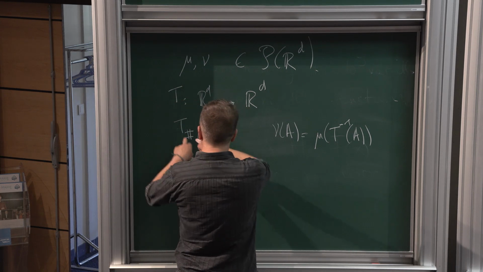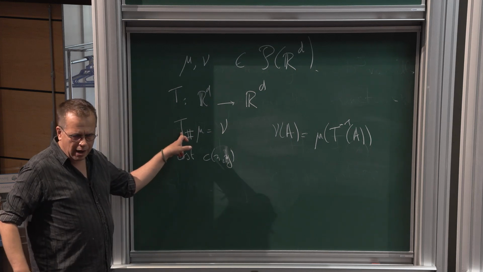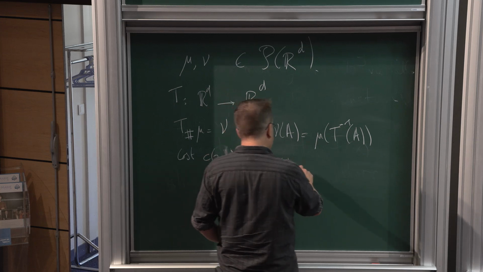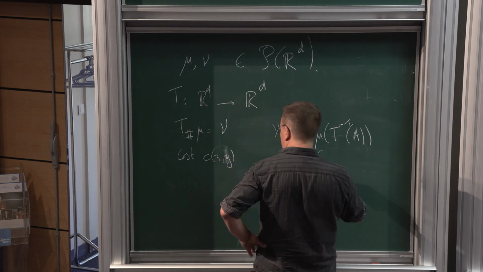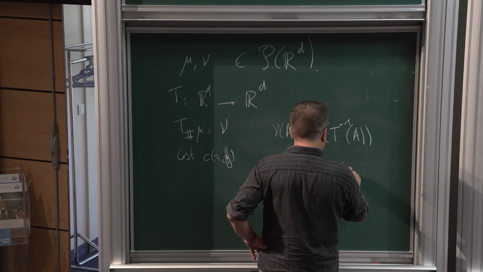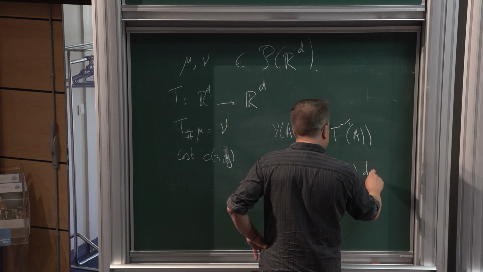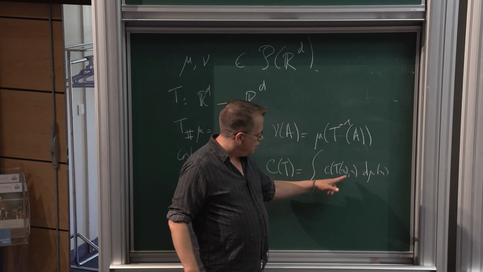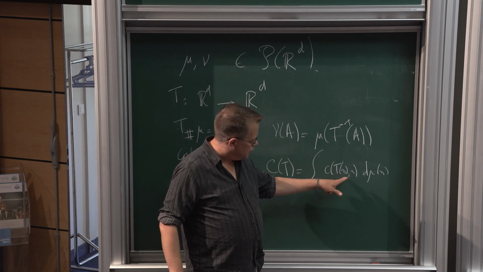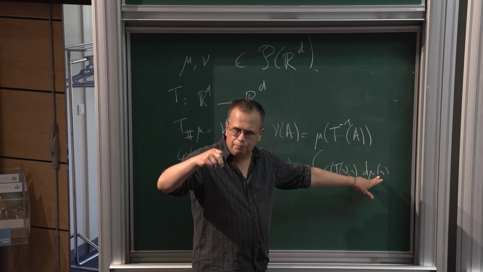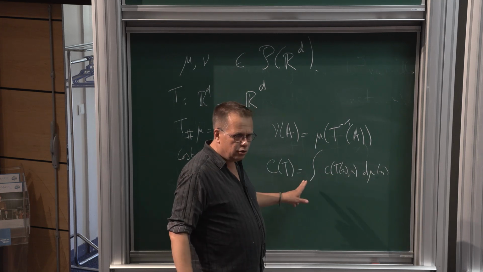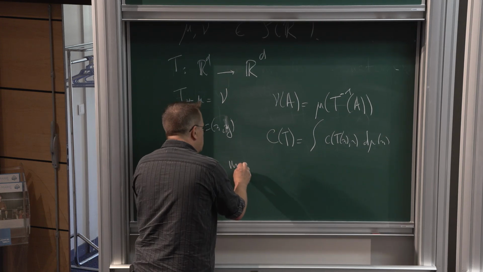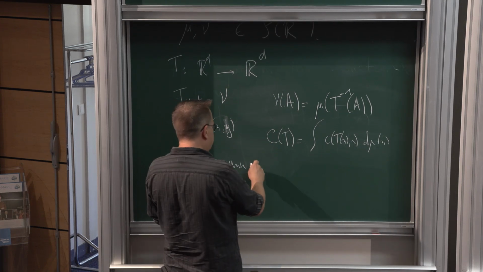And when you have a transport map, you can estimate its cost by writing C of T equal, you integrate C of x, T of x d mu of x. So when you transport x to T of x, transporting little pieces of mass, you get a total cost, and you want to minimize that. And this is the optimal transportation problem.